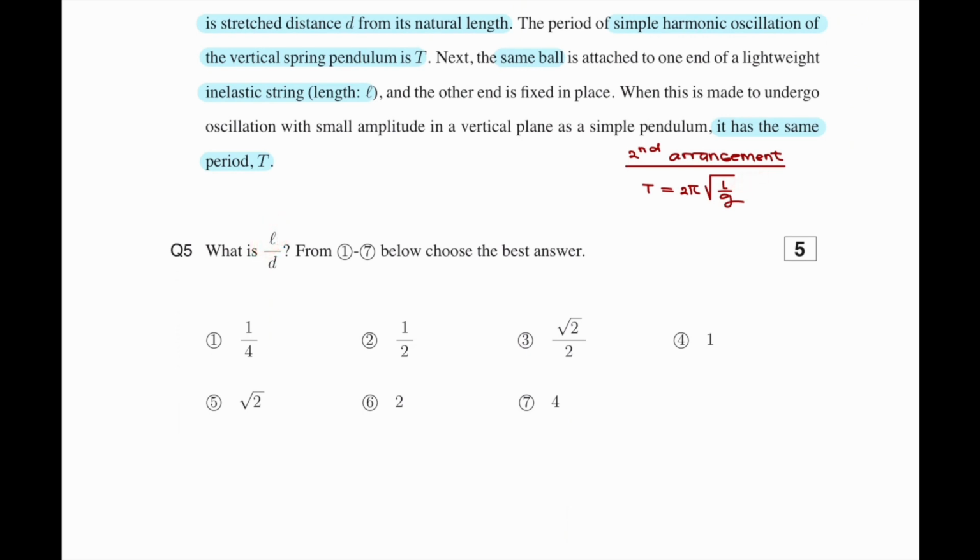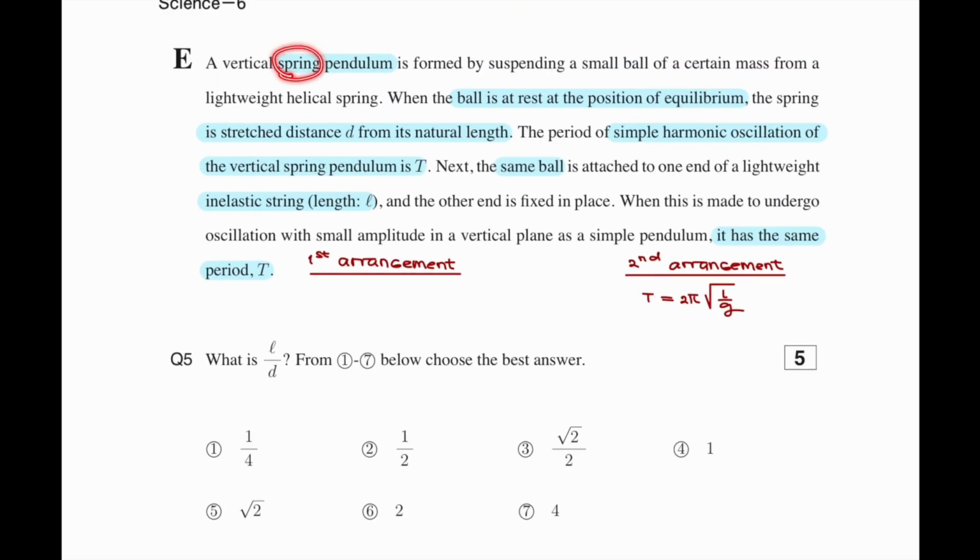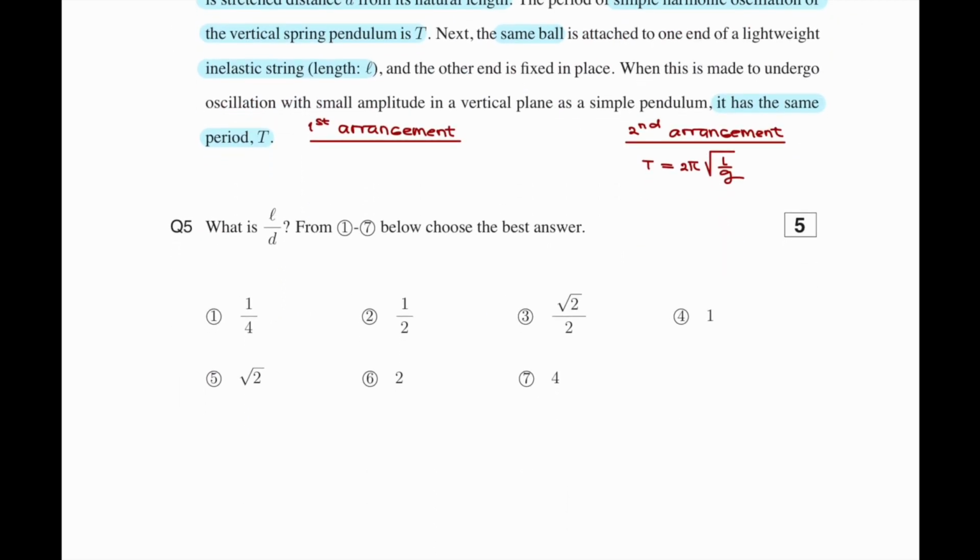For our first arrangement, we have a spring pendulum. For a spring pendulum, the formula to calculate its period is T equals 2 pi square root of m over k.